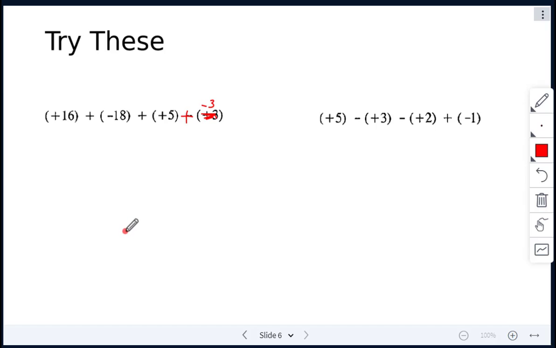All right, and now we're going to collect together our positive integers. So the positive 16 plus the positive 5. And then we're going to collect our negative integers, which is negative 18 and the negative 3.